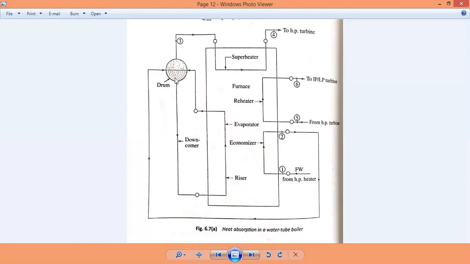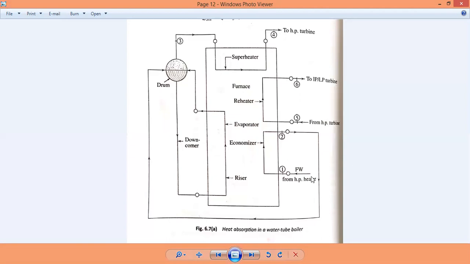Now from the drum, the vapor is taken from the top and goes to the superheater, and from the superheater it goes on to the HP turbine. And the furnace is supplying heat to the superheater, the downcomer, as well as the phase change of the water.